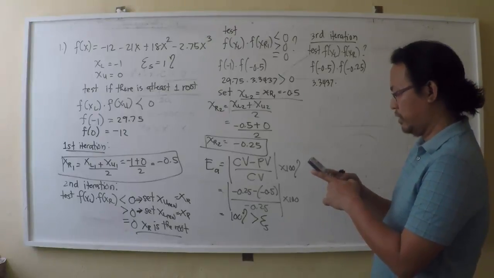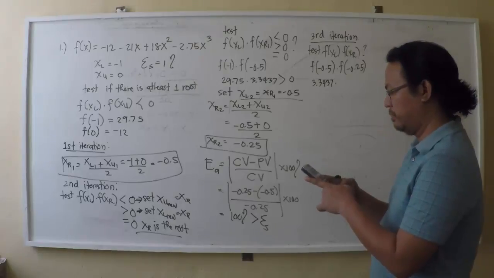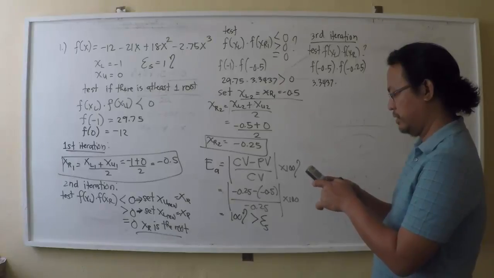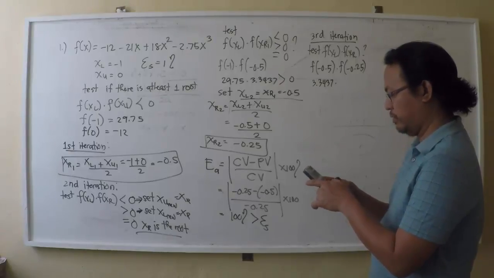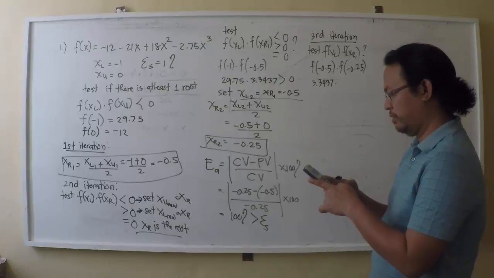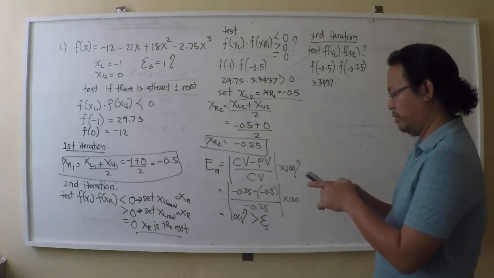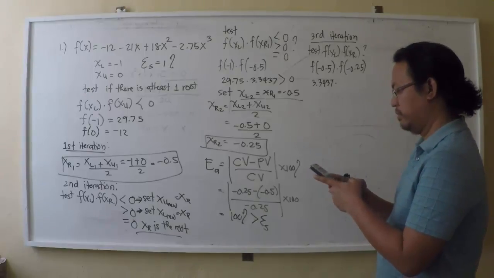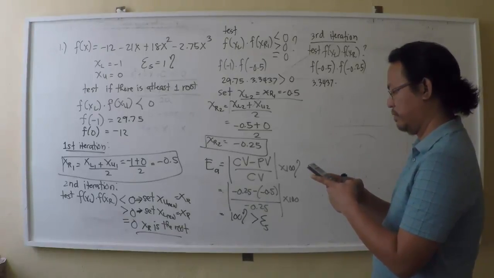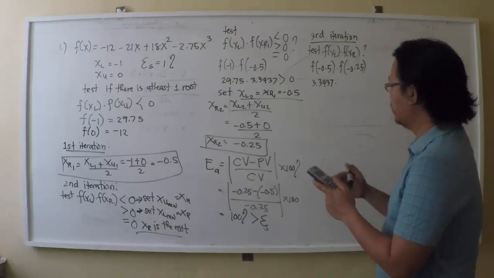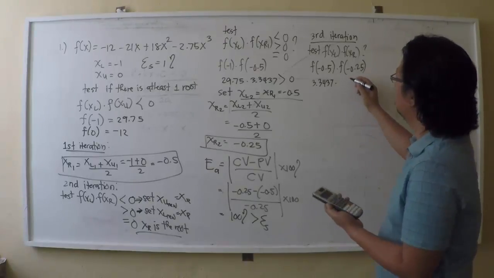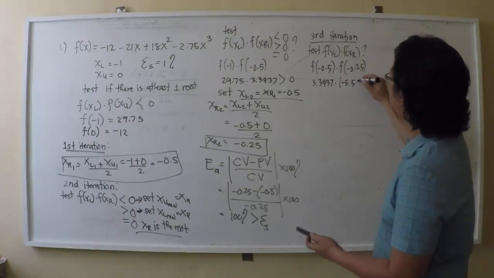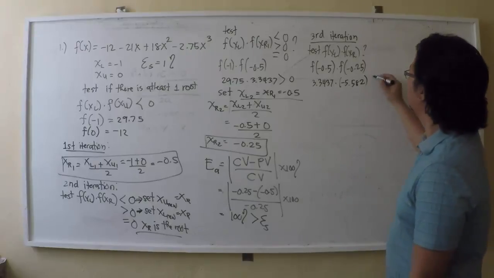We may write this first: -12 minus 21x plus 18x squared minus 2.75x cubed. So let's try -0.25. In my computation, this is negative 5.582. Okay, so as you can see, this is less than 0.